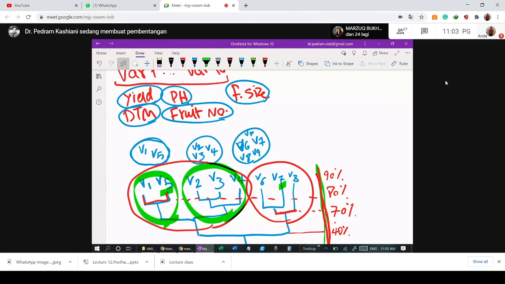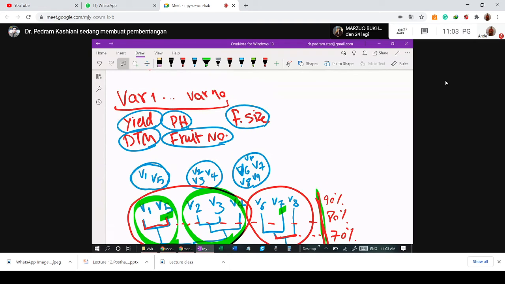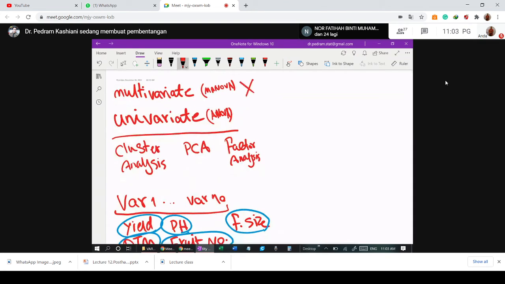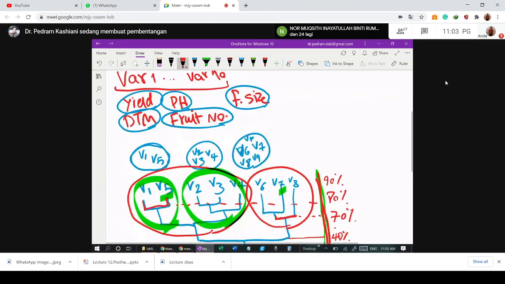You can see here for the analysis, I am using all the traits at the same time: yield, plant height, number of fruit, fruit size, everything. So cluster analysis is also a multivariate analysis. We use everything together at the same time.